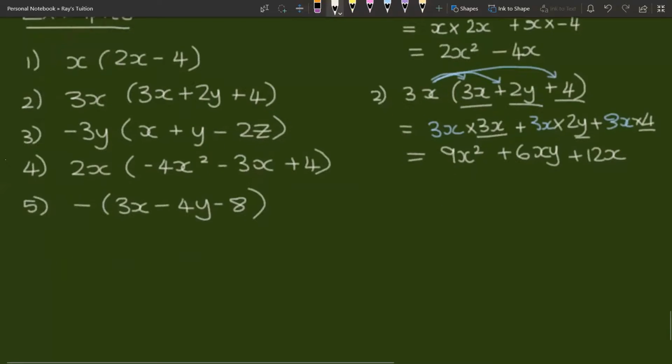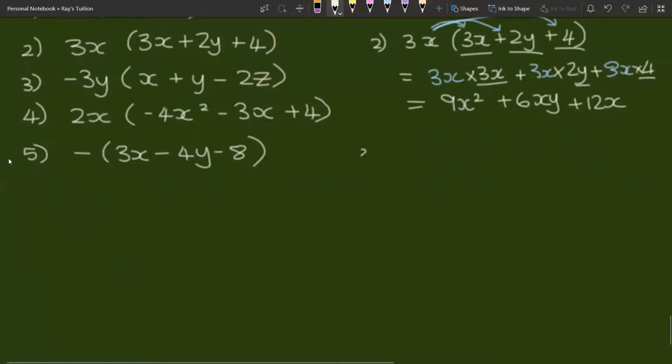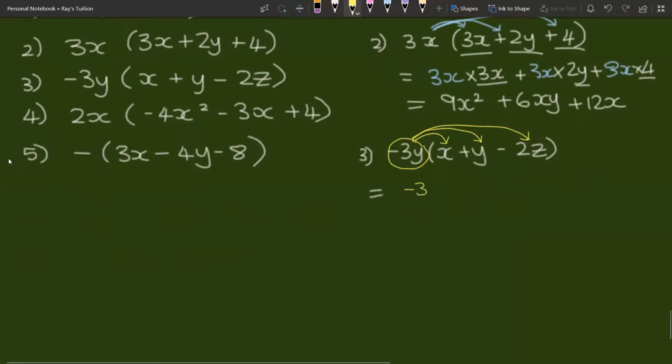Let us have a look at the next one. Here we're distributing a negative. It's -3y times x plus y minus 2z. Once again, we're going to distribute -3y with everything in the second bracket. So this becomes negative 3y times x, plus negative 3y times y, plus negative 3y times minus 2z.